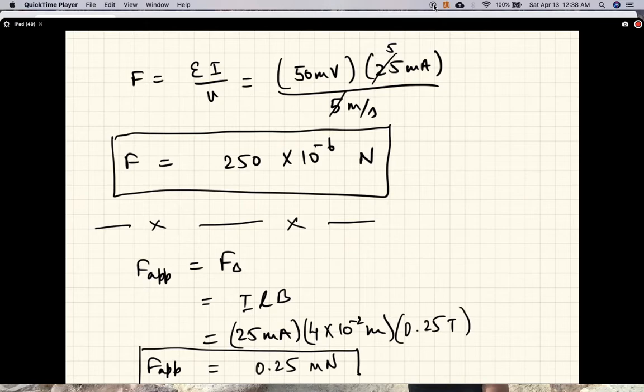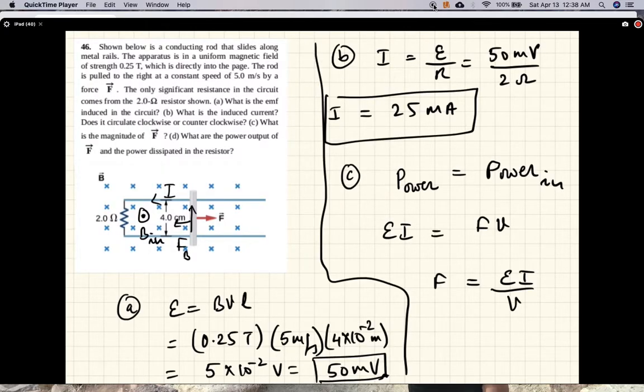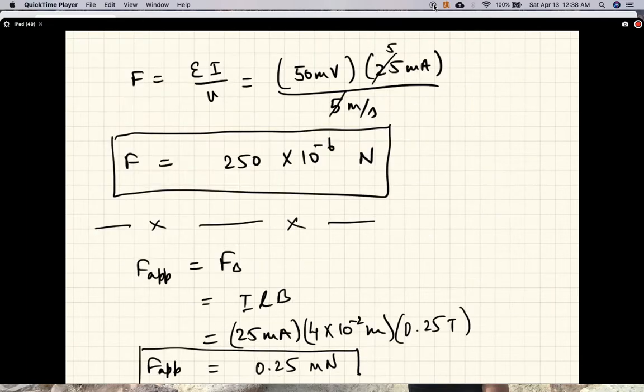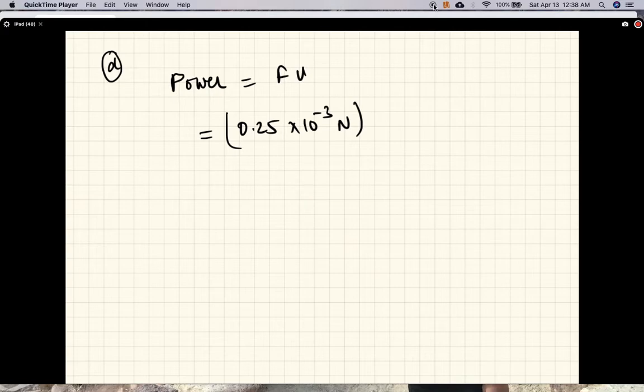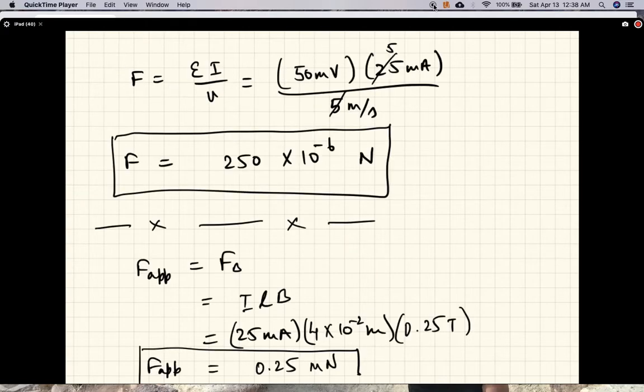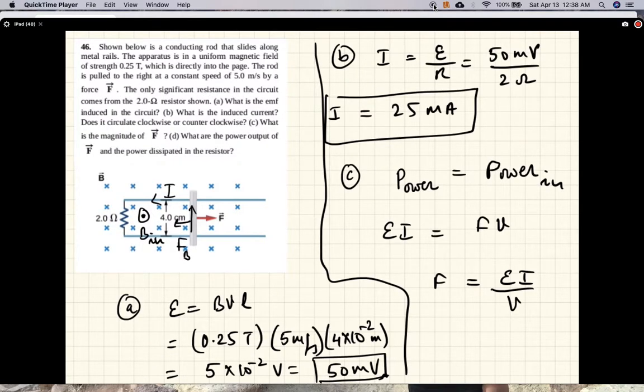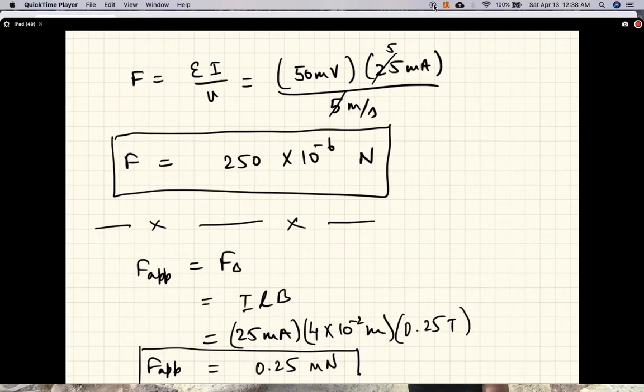So the power actually is FV, and that's equal to 0.25 times 10 minus 3 newtons times the velocity, which is 5 meters per second.